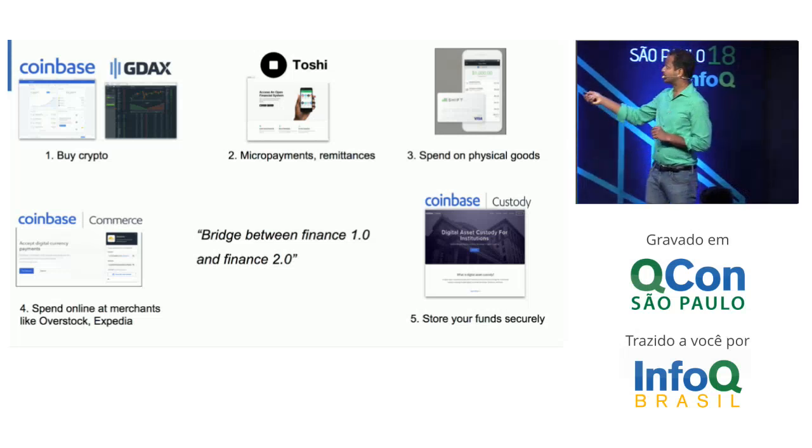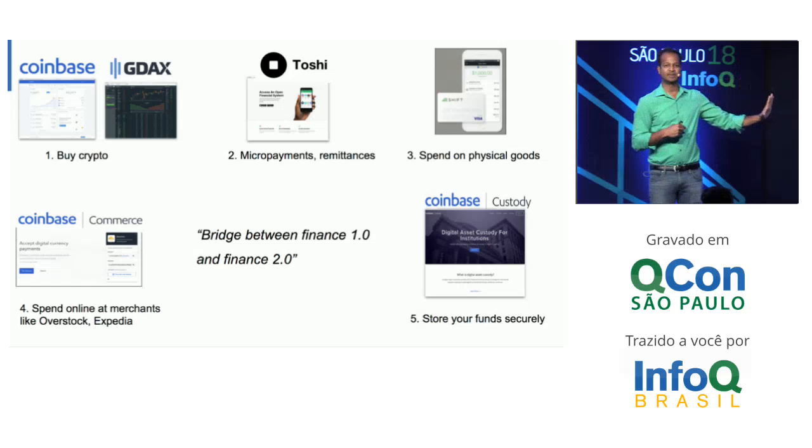You could also buy physical goods. A lot of folks at Coinbase, as well as other companies nowadays, get paid in Bitcoins. I, for instance, get part of my salary in Bitcoins, and I have a debit card which is tied to my Coinbase account. Using this debit card, I can spend anywhere where Visa or MasterCard is accepted.